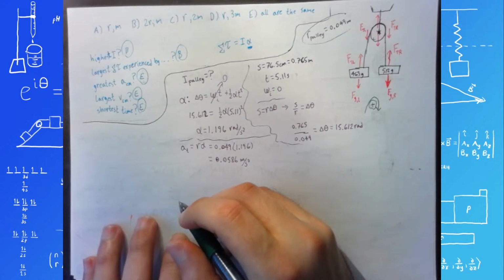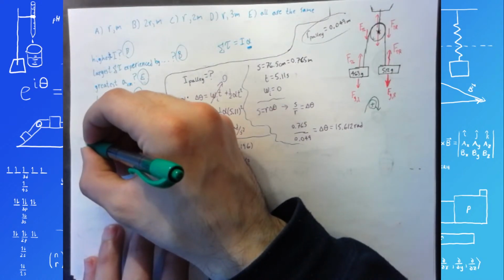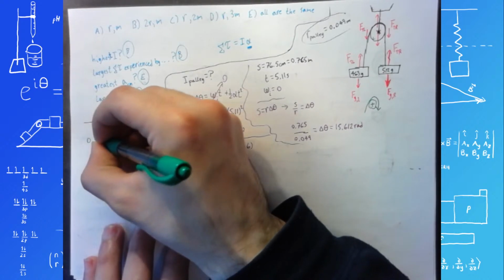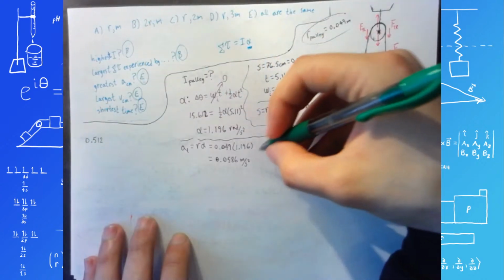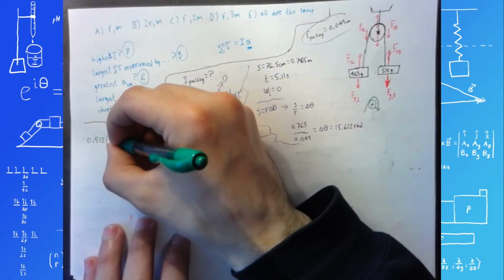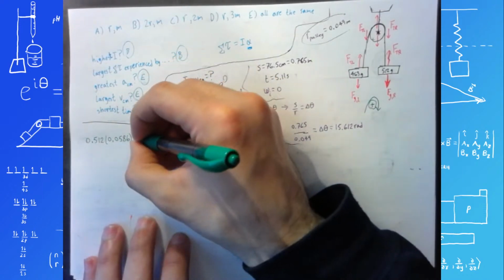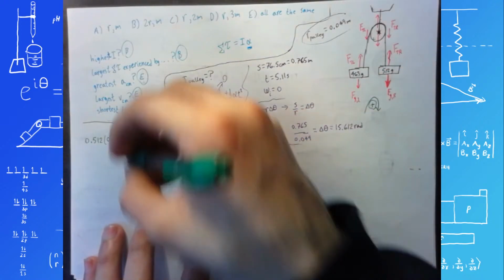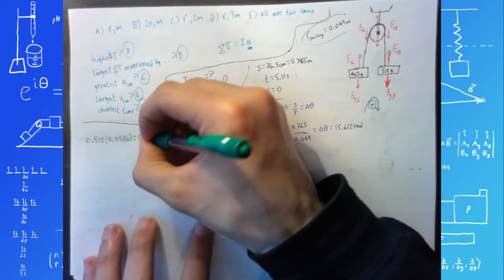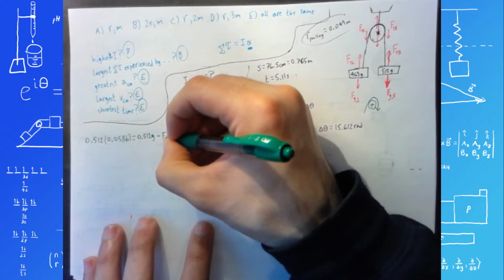So force of gravity, that's going to be 0.512 kilograms, m times a. So m times 0.0586. Net force equals MA equals forces down minus forces up, so that's 0.512 g minus force of tension right.